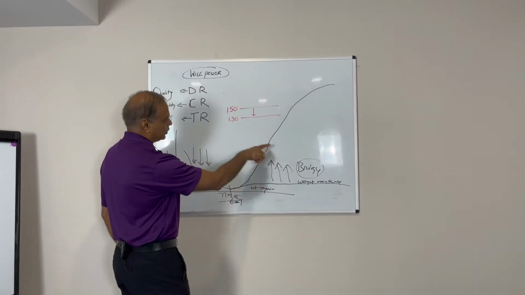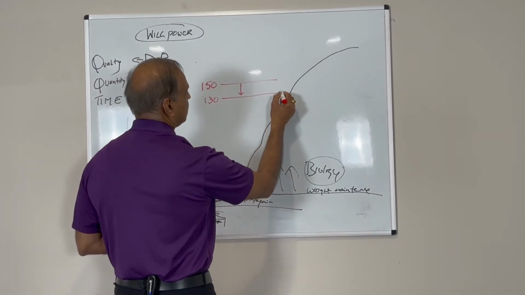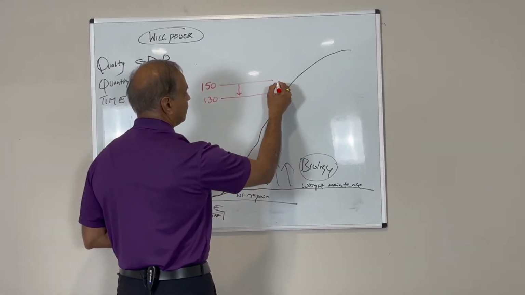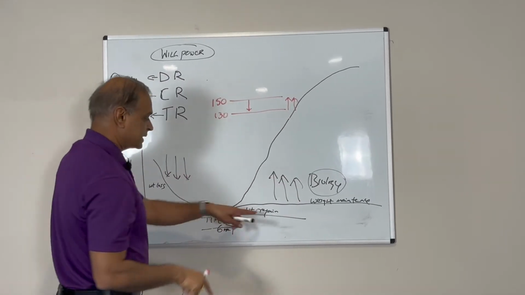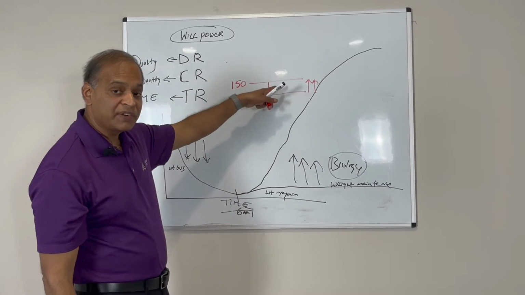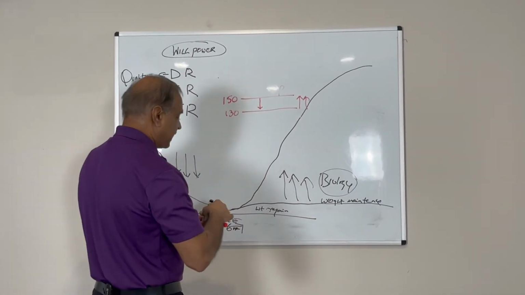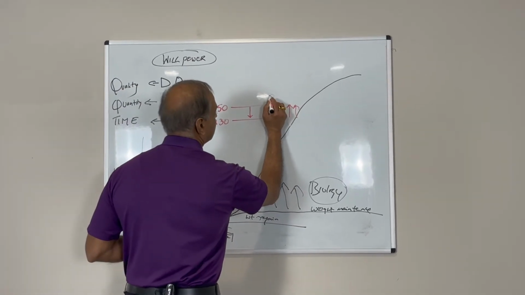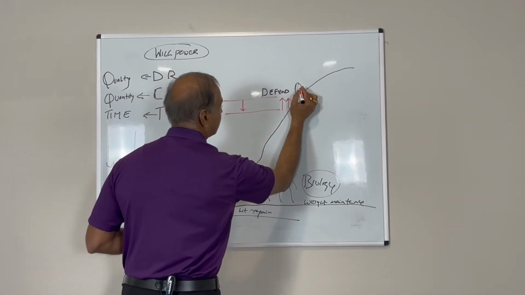According to what I showed, when the biology acts back, it's going to try to take you back to 150. So this is weight regain. It is trying to pull it back, trying to defend its previous weight.